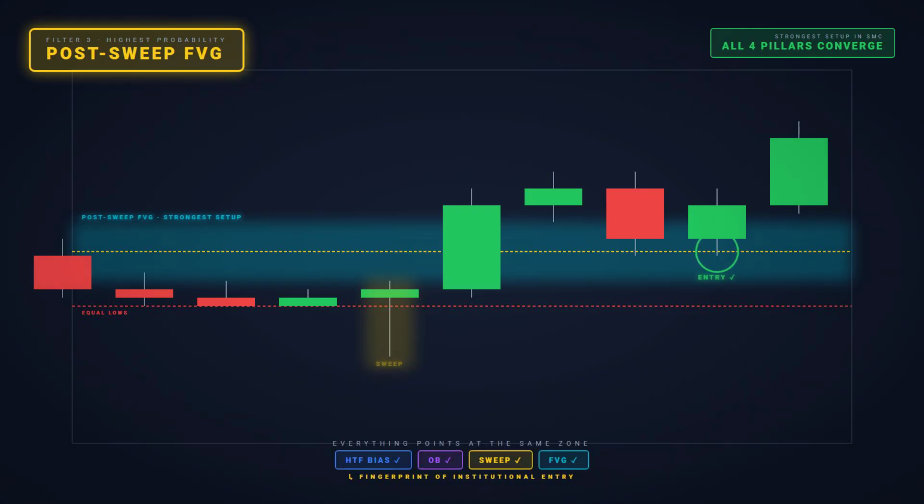Now let's address the mistake that most traders make when they first learn about FVGs, because it's the same category of mistake that kills traders at every step of this framework. The wrong way to use an FVG is to trade every FVG fill you see on the chart, without structural context, without OB alignment, without checking the HTF bias. The mechanical consequence of doing that is consistent.